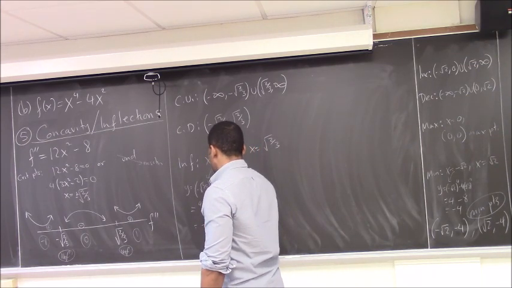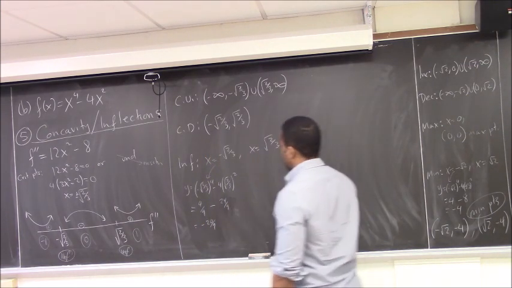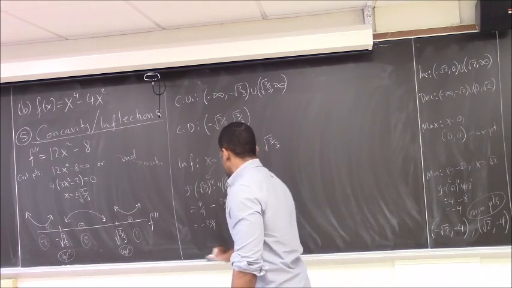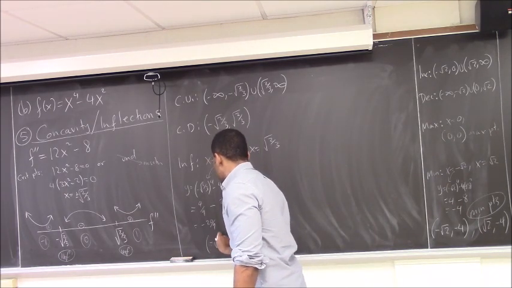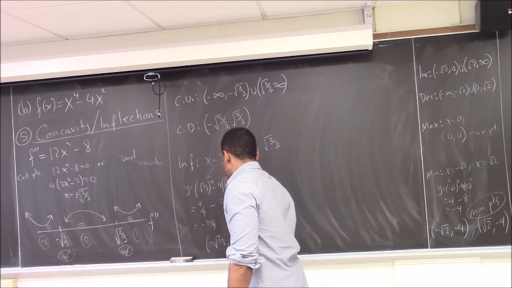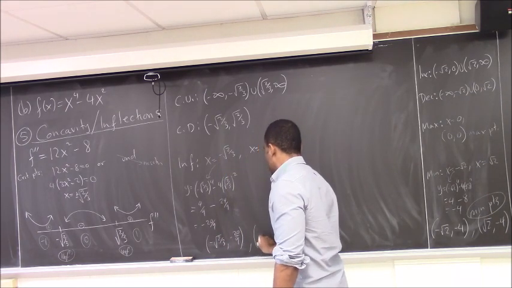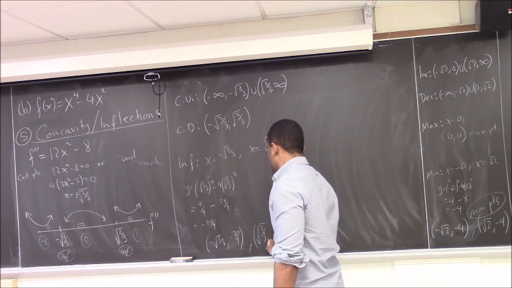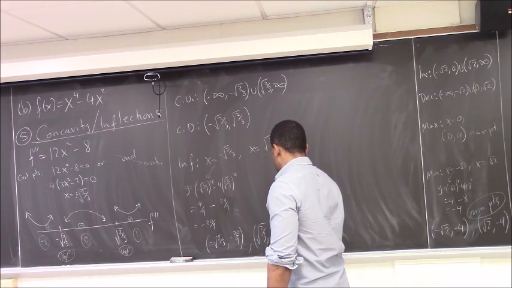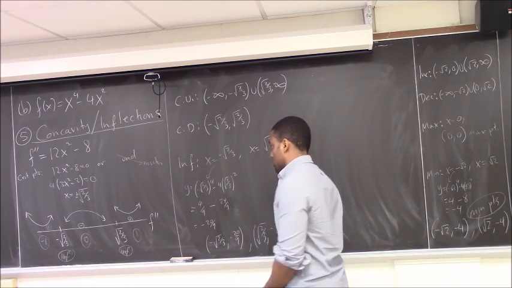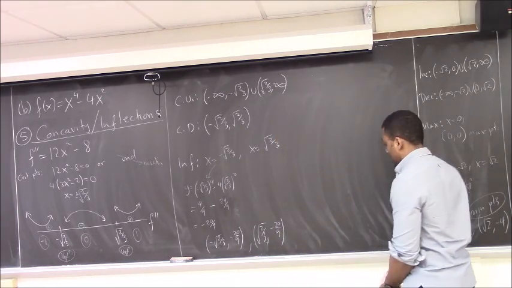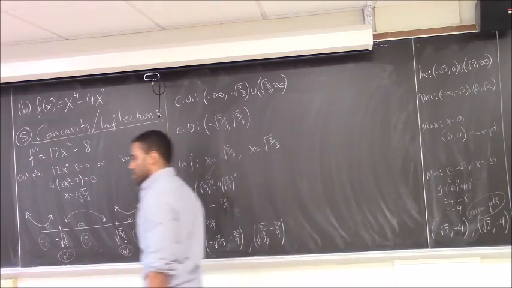So it's minus 20 over 9. And so there are two inflection points: minus radical 2/3, minus 20 over 9, and positive radical 2/3, minus 20 over 9. Copy that down and then we'll draw the picture.